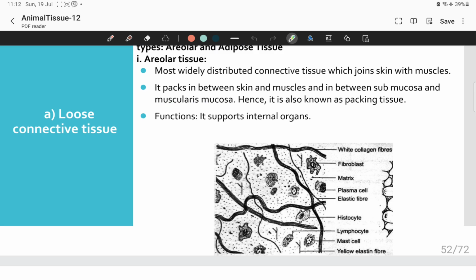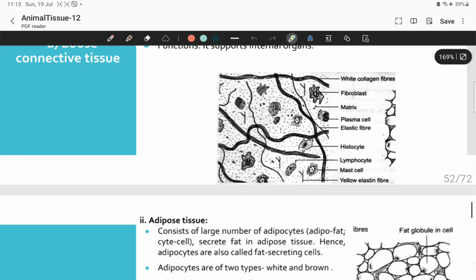It also makes packs between skin and muscles to fill the space between the tissues. Since it helps to pack in between skin and muscles and between submucosa and muscularis mucosa in the gut, it is also known as packing tissue. Its main function is to support internal organs.